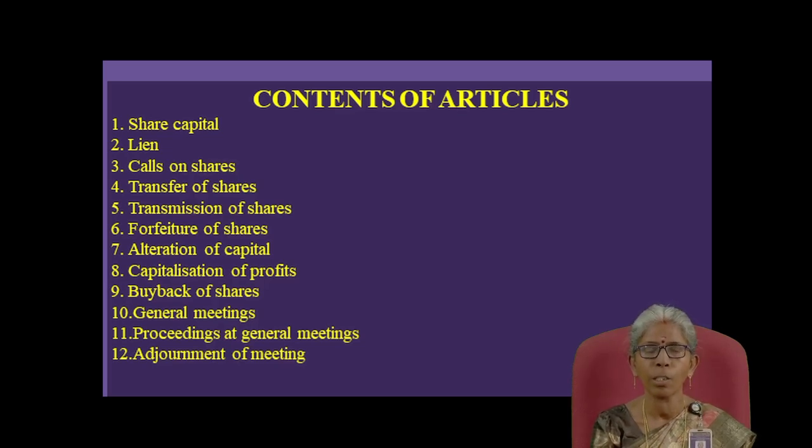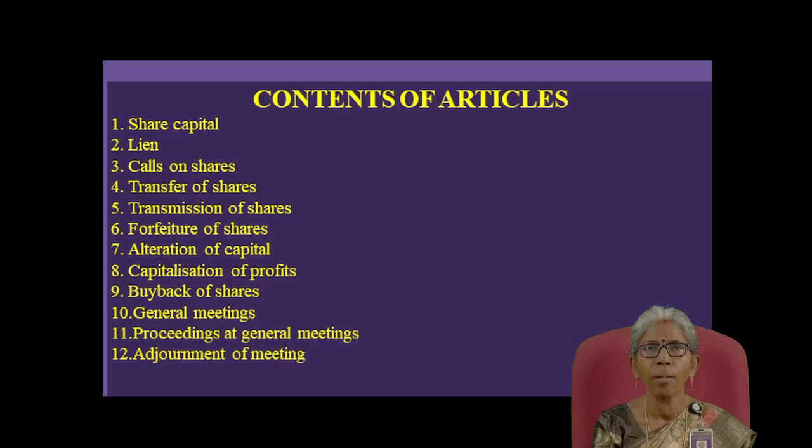Then calls on shares. The calls may be first call, second call and final call. Then transfer of shares and transmission of shares. Transfer means it takes place in the ordinary course of business, and transmission means it takes place in the event of death, insolvency or insanity of the member. Then forfeiture of shares.